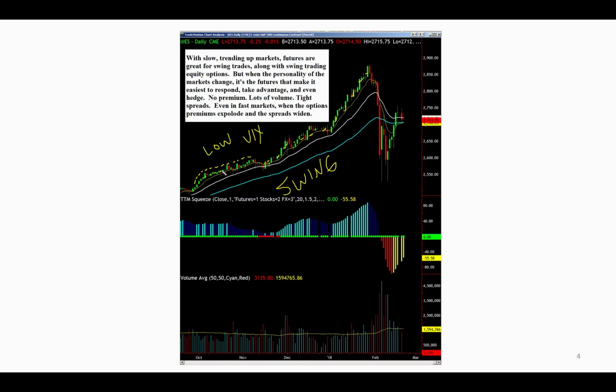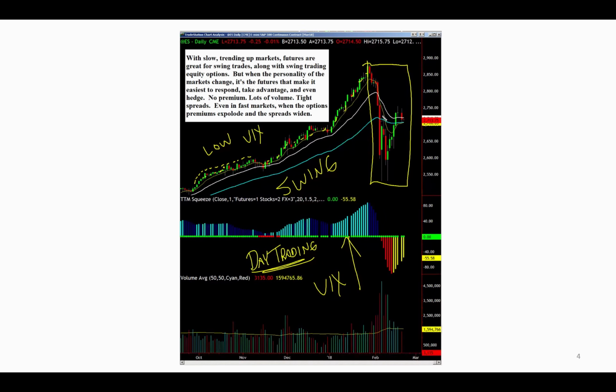But what happens is when the narrative of the market changes, as it has, suddenly futures become a lot more important. First of all, you can take advantage of day trading opportunities that frankly you cannot do with options. Why? Well, when you get stuff like this, the VIX explodes and it makes some option prices ridiculous. Their premium is so jacked up and the spreads become so wide, it's hard just to take advantage of a simple intraday move.